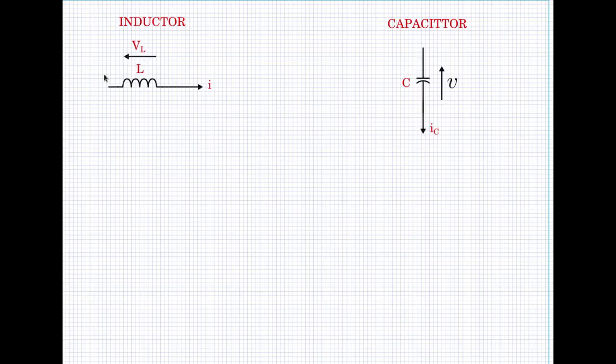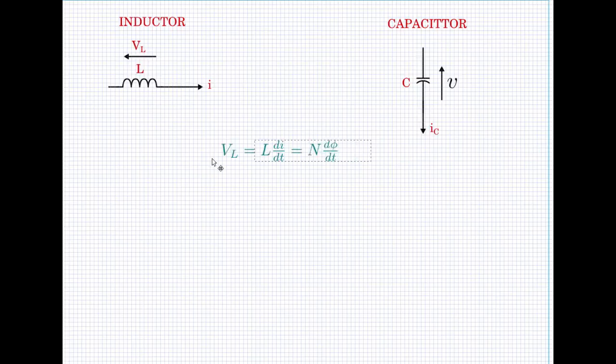Now let us look at the inductor first. The inductance L and the voltage across the inductance VL and the current I, which is flowing through the inductor, are related by the Faraday's law.